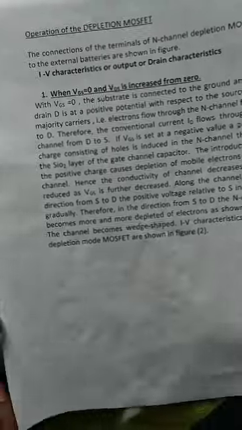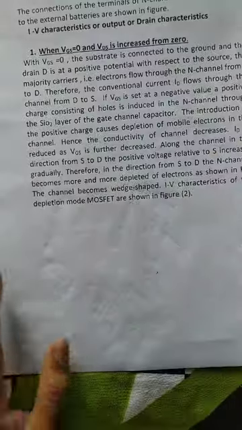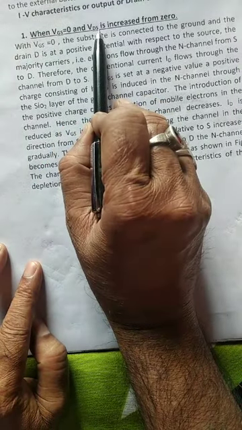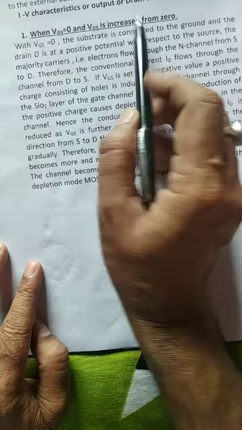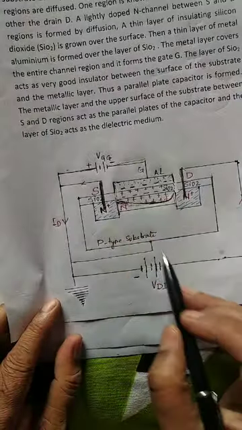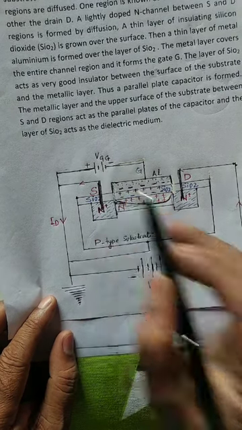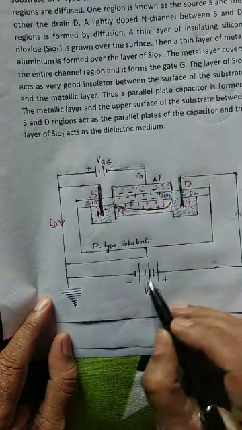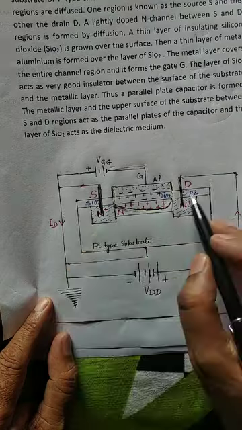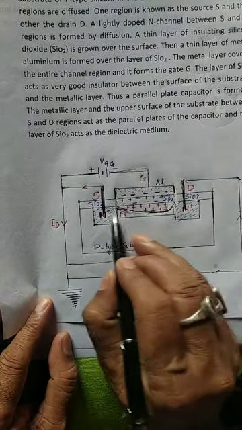Now come here. Operation of MOSFET. When VGS is equal to 0, VDS is increased from 0. If this voltage is 0, and we increase the drain to source voltage, it is positive, so it will attract electrons.